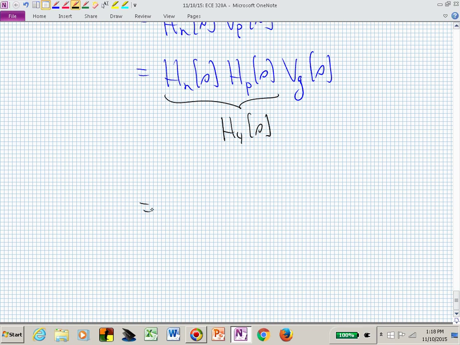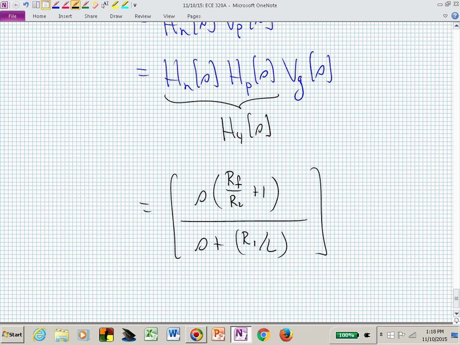Or, if I combine those, I now have s times R sub f over R sub 2 plus 1, over s plus R sub 1 over L. And that's now my h sub 4 of s.